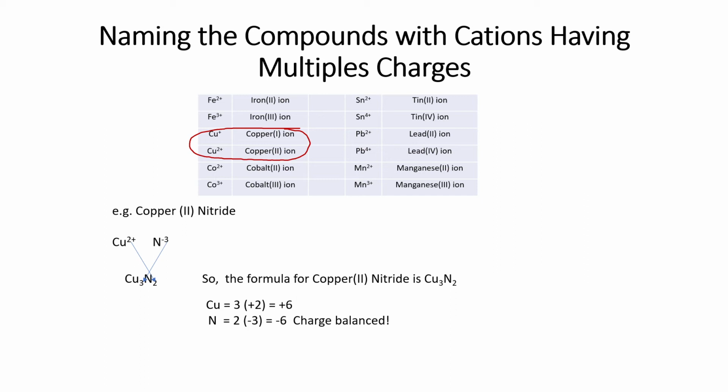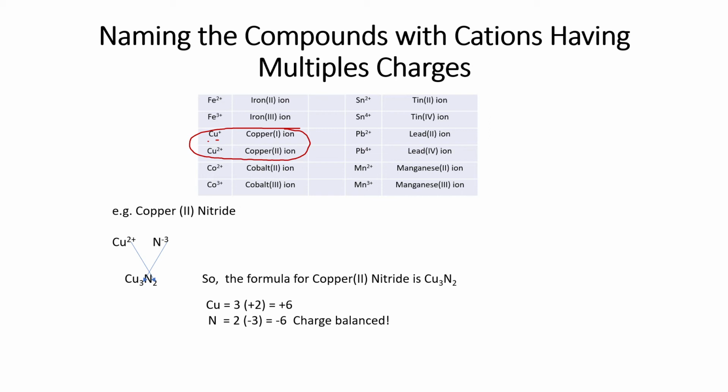Whenever you write the formula for a compound with multiple charges, you must write the charge in parentheses in Roman numerals. For copper with 1 plus, we should write copper (I), Roman numerals in parentheses.